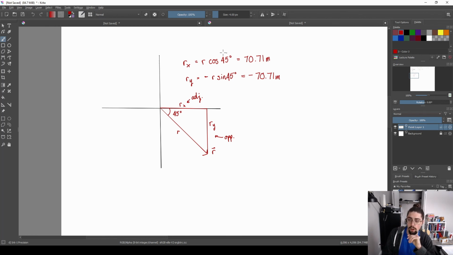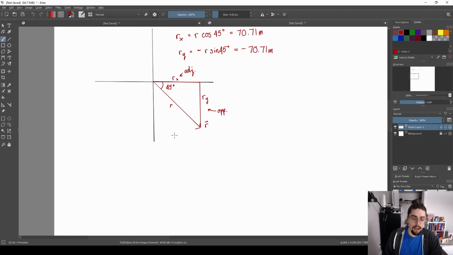But that's why it's r cosine of 45 degrees, because it's finding that side length, r of x. One of the ways we could write this out, if we wanted to be fancy, is in what I would call component form.